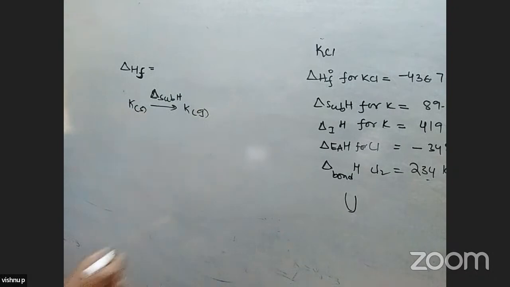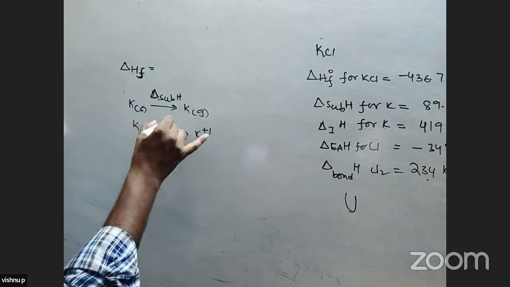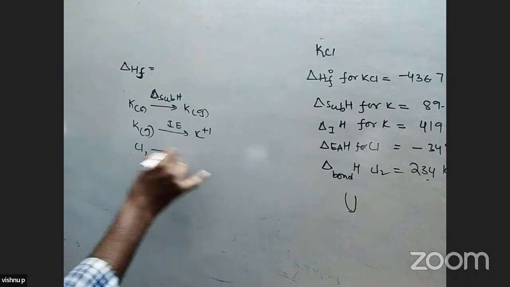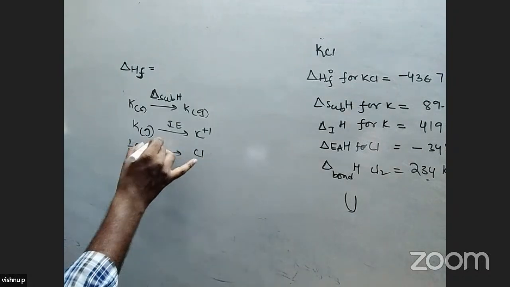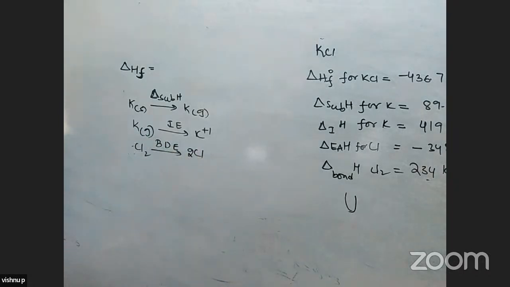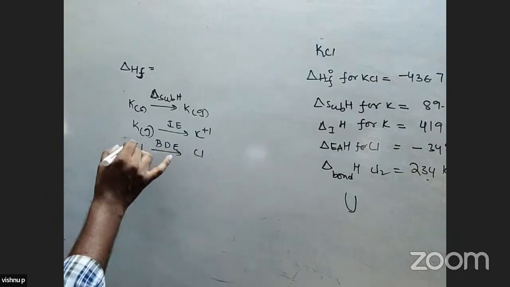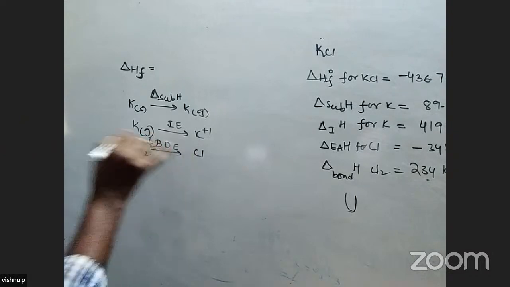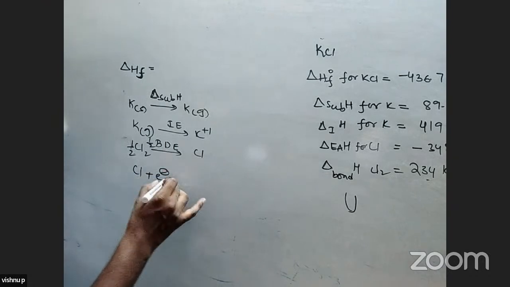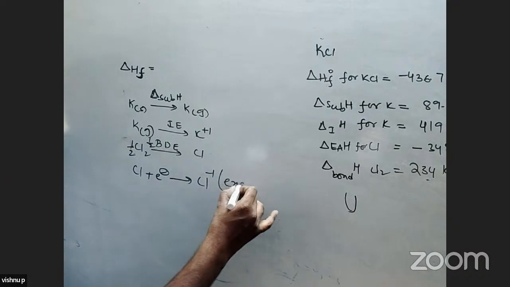Next, potassium gas loses an electron and forms an ion. Ionization energy is required. Cl2 dissociates into Cl, and bond dissociation enthalpy is required. But only one Cl is there, so we write half Cl2 into Cl, and half of the bond dissociation enthalpy is required. Cl again gains an electron and forms Cl minus 1. This is an exothermic process.